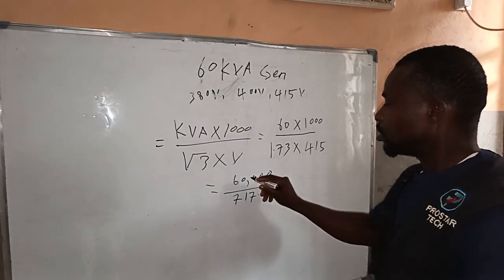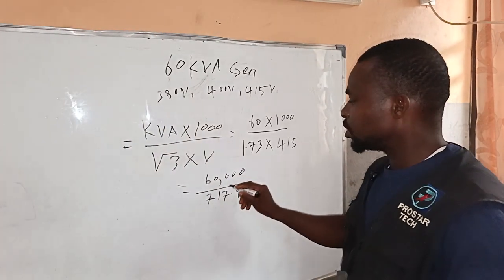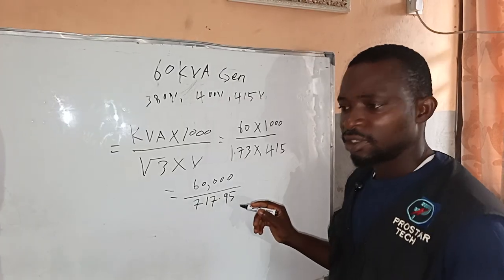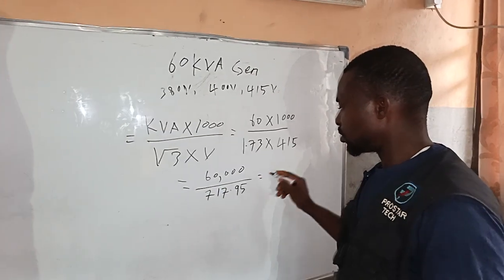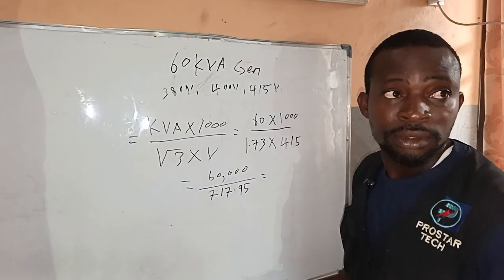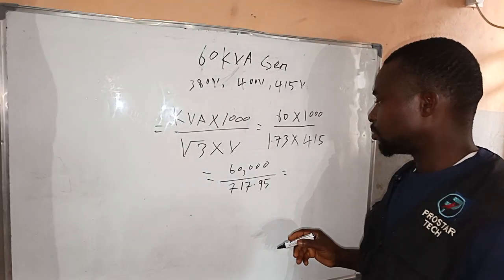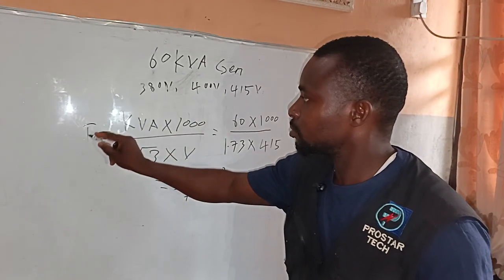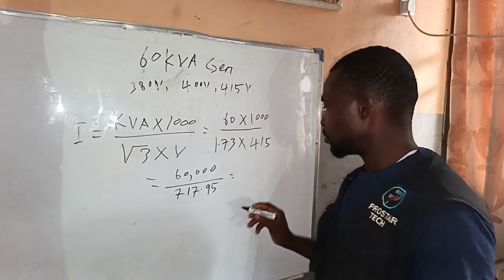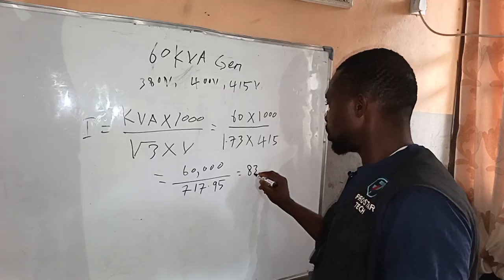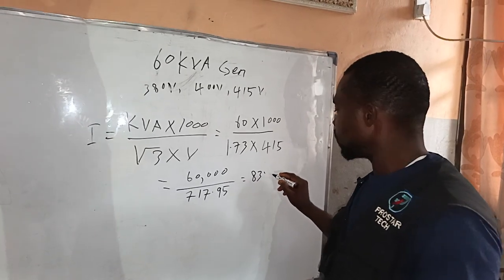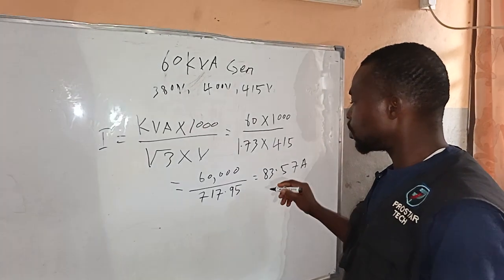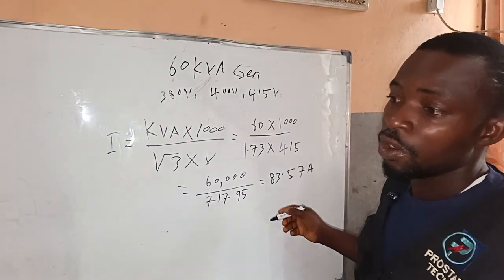So now 60,000 divided by 717.95 gives 83.571 amps. So approximately, let's say 84.